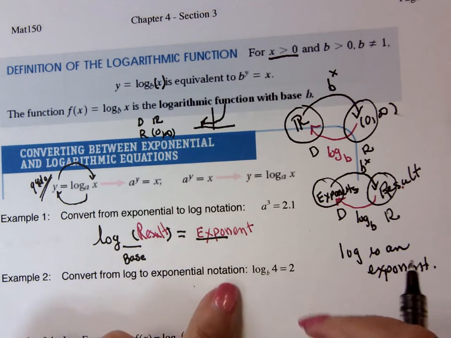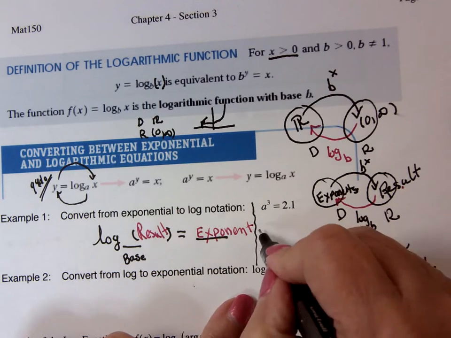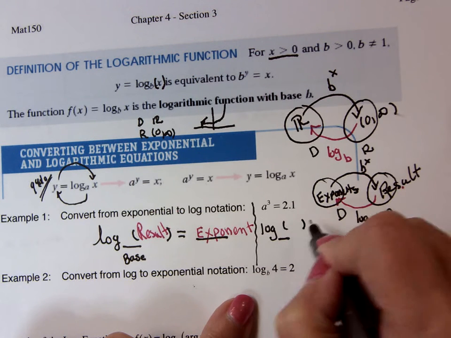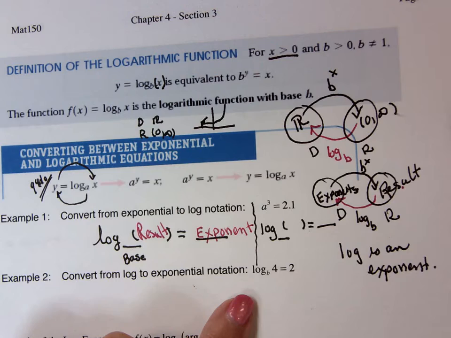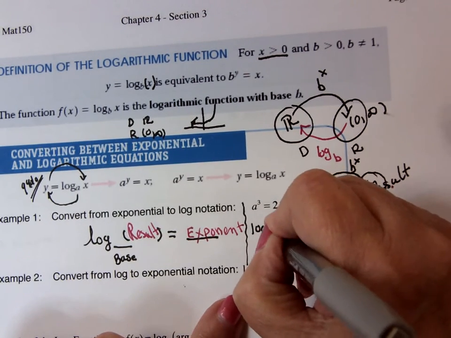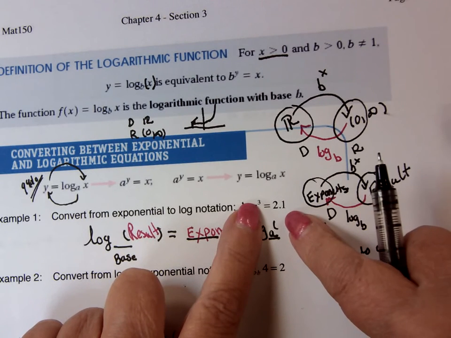So anytime I have to rewrite something as a logarithm, I have a base, I have the thing I'm taking the logarithm of, and I have the result. The base in this instance is a. Now I've got a 50-50 chance of placing the 3 and the 2.1 in the right place.